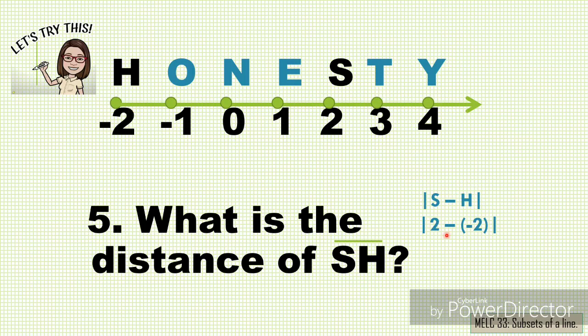So, kapag kinuha natin yung difference niyan, 2 minus negative 2, magiging keep, change, magiging 2 plus positive 2, that is equal to 4. Now, ang absolute value ng 4 ay 4 pa rin. Nawawala lang yung kanyang symbol. So, anyway, kapag binilang natin yan, pwede natin siyang bilangin. From point S, 1, 2, 3, 4 to point H.